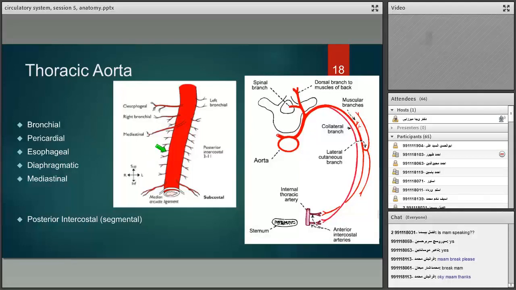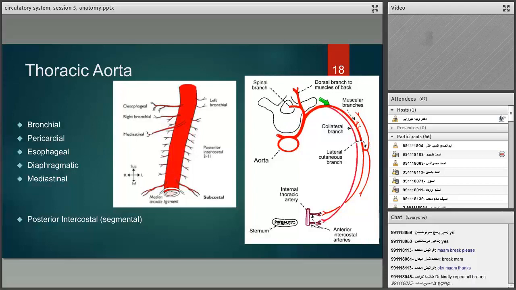As it is clear from the name, intercostal, it means that each of these branches is directed into one intercostal space. They are passing in one intercostal space.